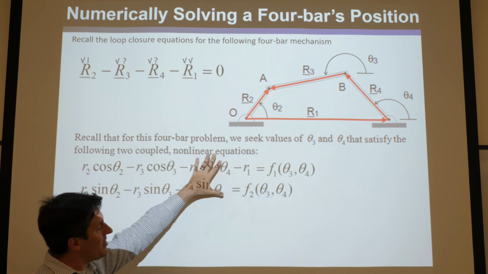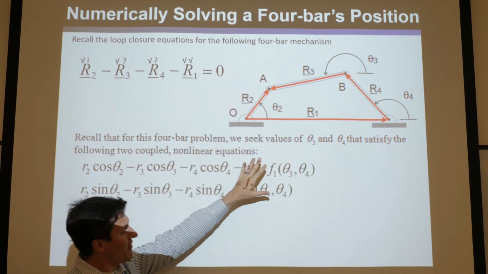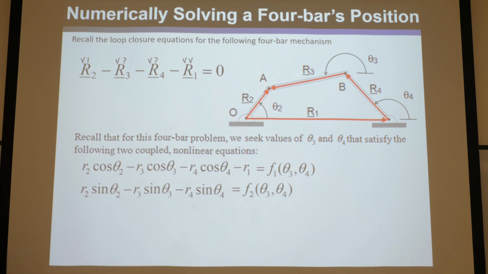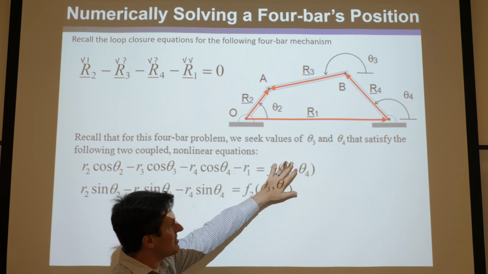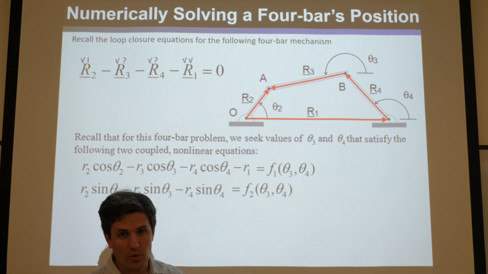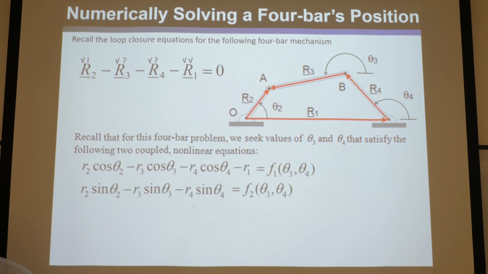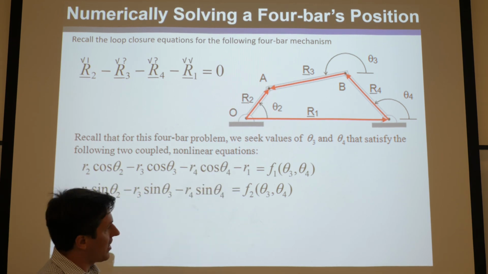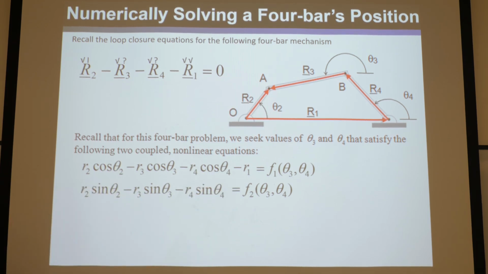So you can make any of the two equations functions of the two output variables that you care about solving. And if you can solve these two functions for when they equal 0, also called their roots, then you can find the theta 3 and theta 4 that satisfy the vector loop equation for any known theta 2. Okay, so it's kind of a weird way to think about it.